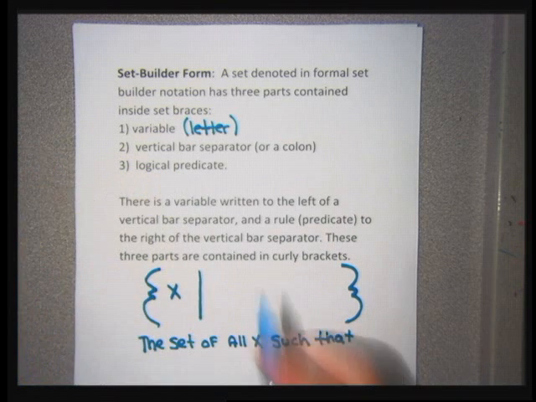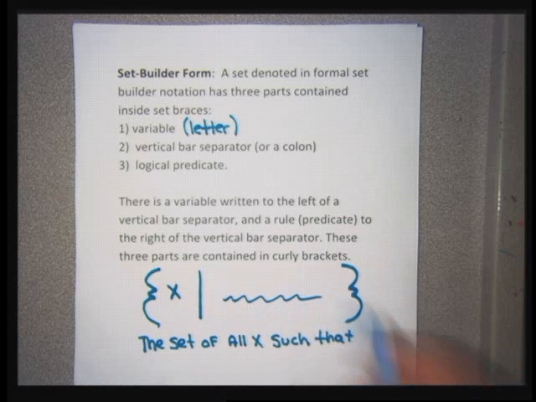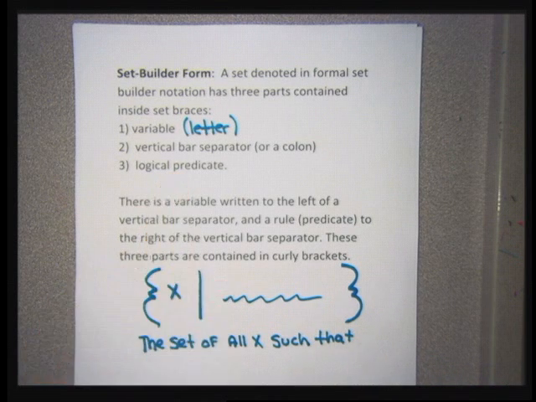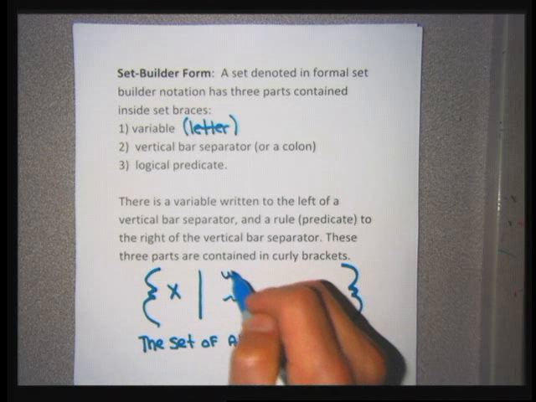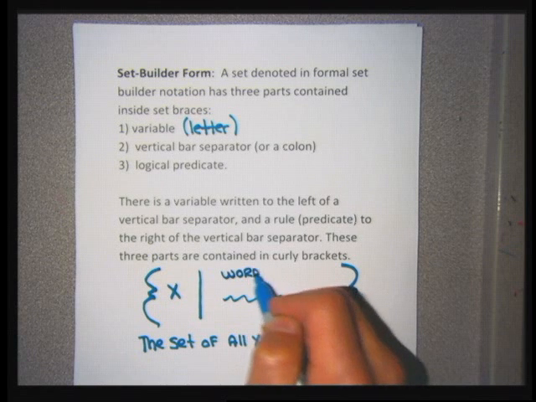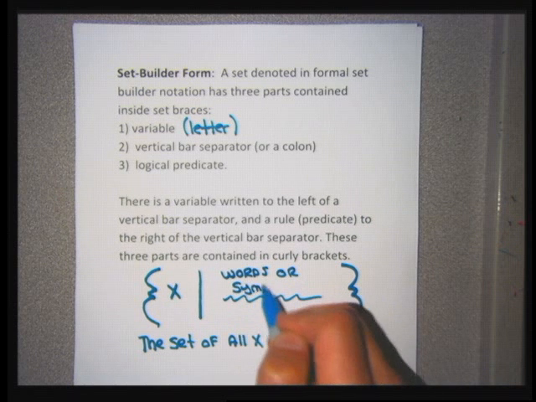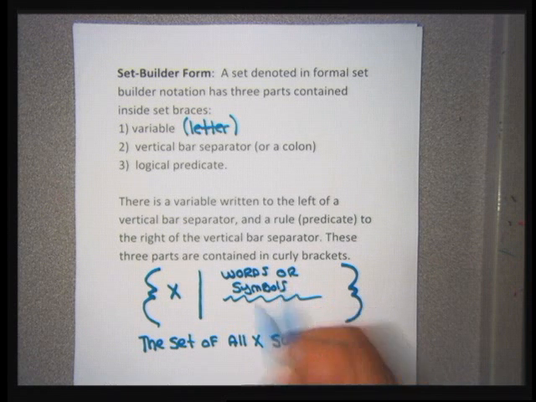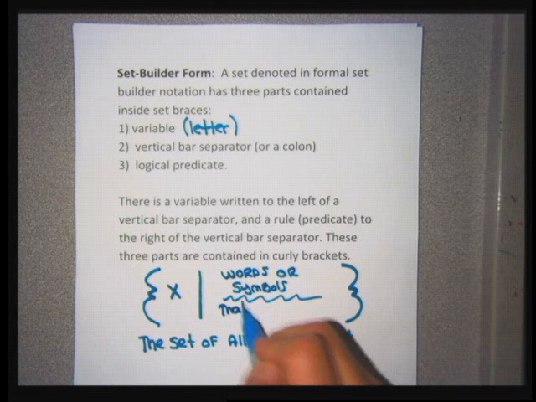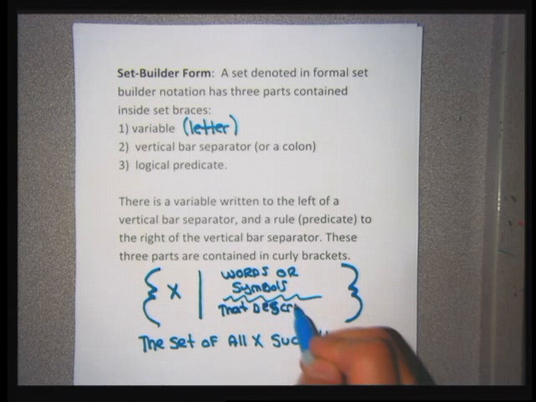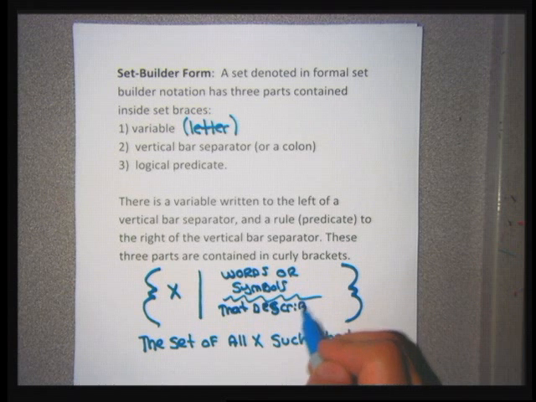There's a lot of variability here. A logical predicate, words or symbols or even some sort of notation that describes the set, is going to go after the vertical bar separator.